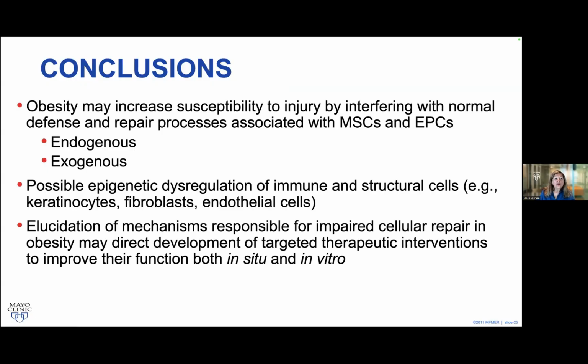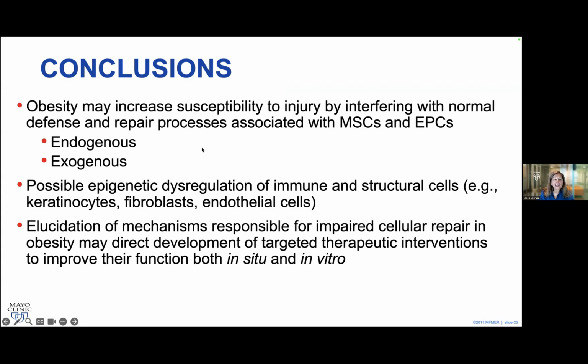So to conclude, obesity may increase susceptibility to injury by interfering with normal defense and repair processes associated with MSCs. And I haven't shown you here for the sake of time, but they also impair the number and function of endothelial progenitor cells.